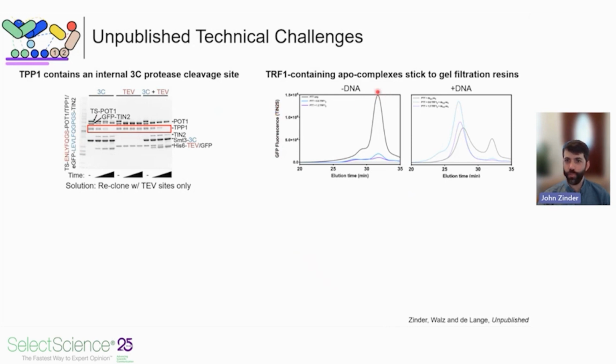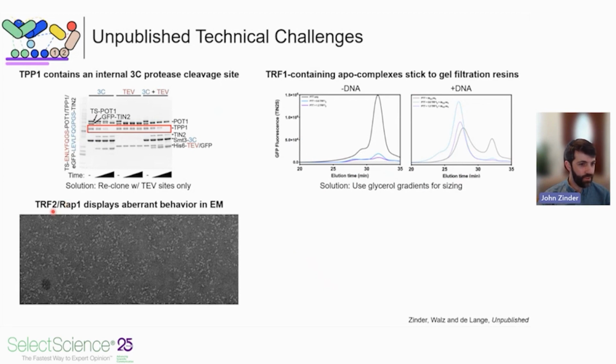And so you see a really nice peak in the absence of TRF1, but as you titrate in TRF1, that peak just absolutely gets squashed. And then if you give it a piece of DNA that it really likes to bind to, you see a much different pattern where the complex alone is shifted to a nice monodispersed looking peak as you add in TRF1. And so the solution to this was basically that we only used glycerol gradients for sizing steps throughout the paper.